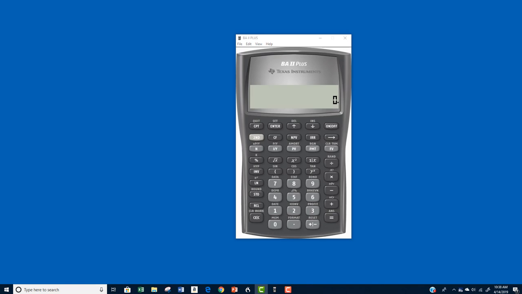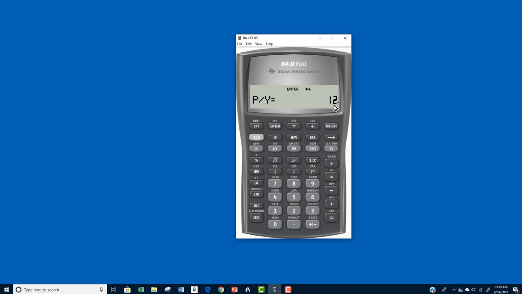Setting the payment per year is very important for your calculations. Press second and the PY button on the 3rd row. If your display reads P/Y equals 1, then press second and quit.